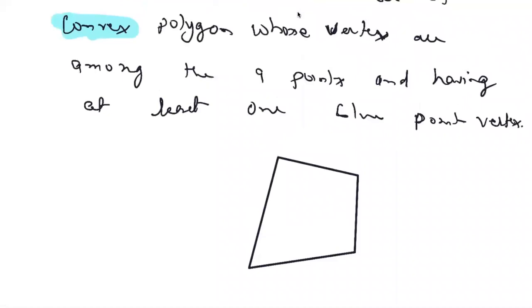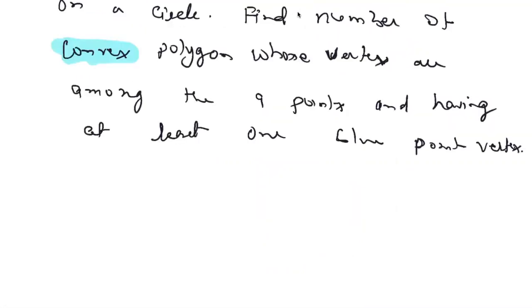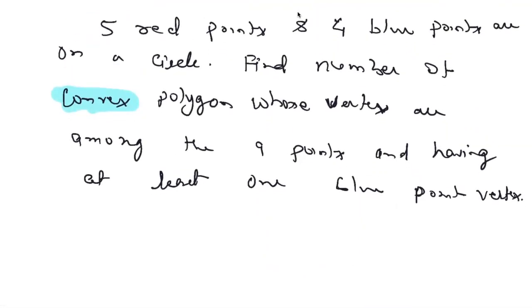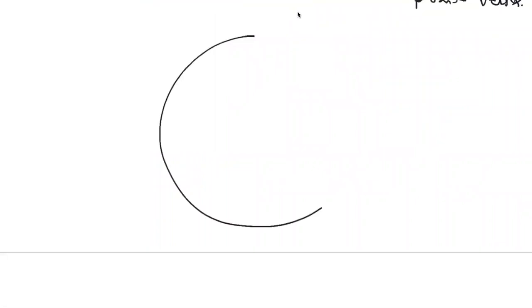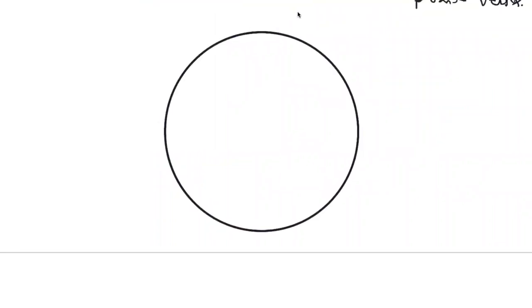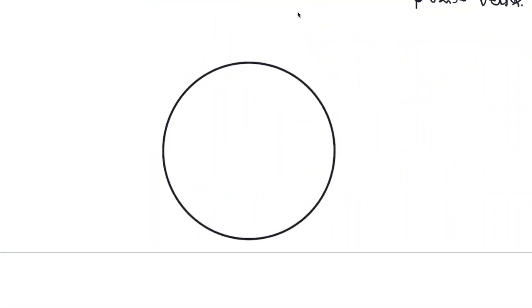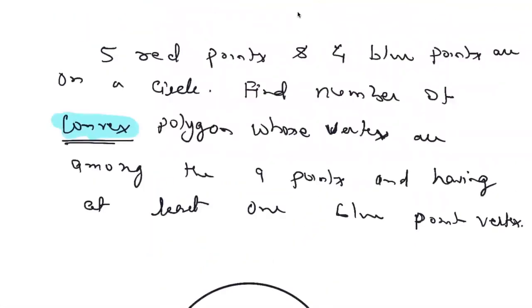And remember this thing: in a circle, if you are making any type of arrangement, if you are taking a few points out of 9 points, then 100% you will always get the convex one, right? So no worry.